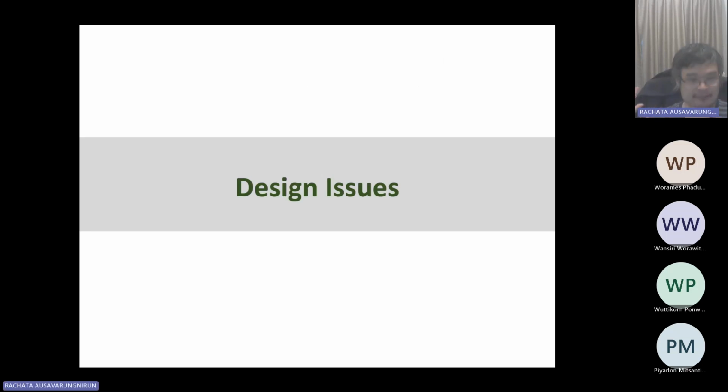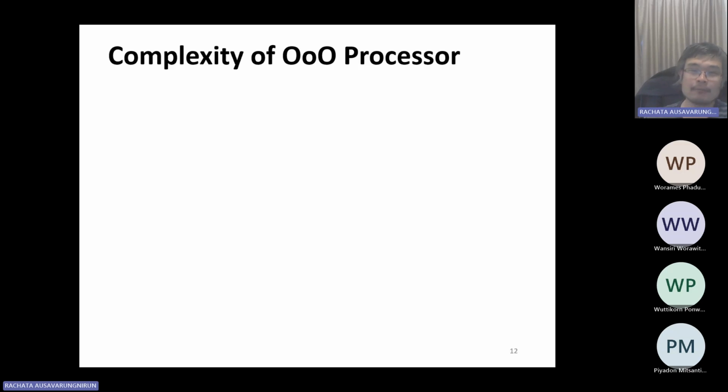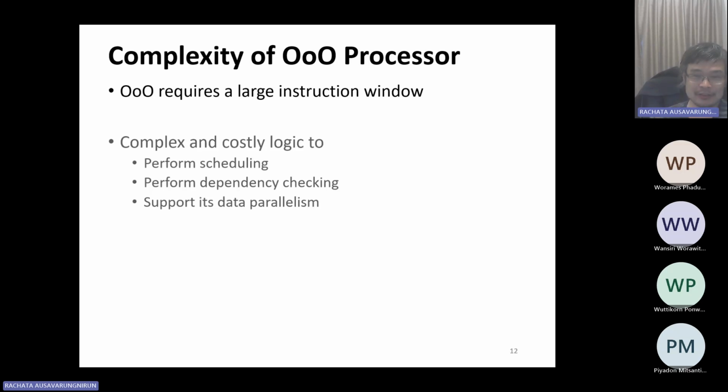So with all these things, out-of-order scheduling, compiler, programming language, now you have a design, well, I wouldn't say design issues per se, but something you want to think about in terms of the design, right? For example, if you look at the out-of-order processor, it requires a huge amount of hardware support. It needs a large instruction window.